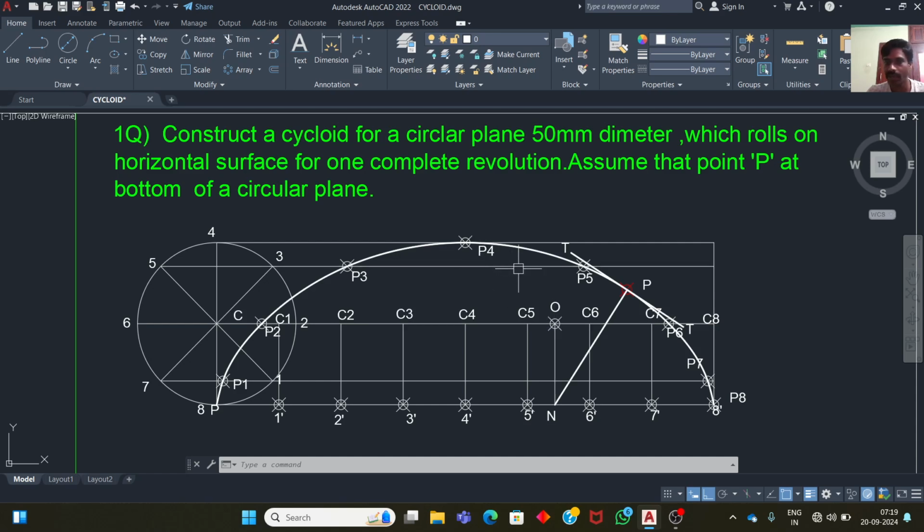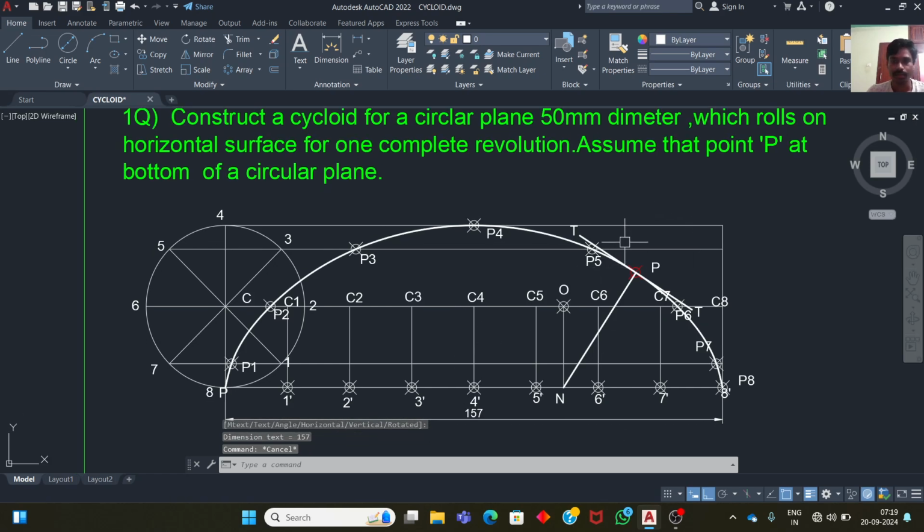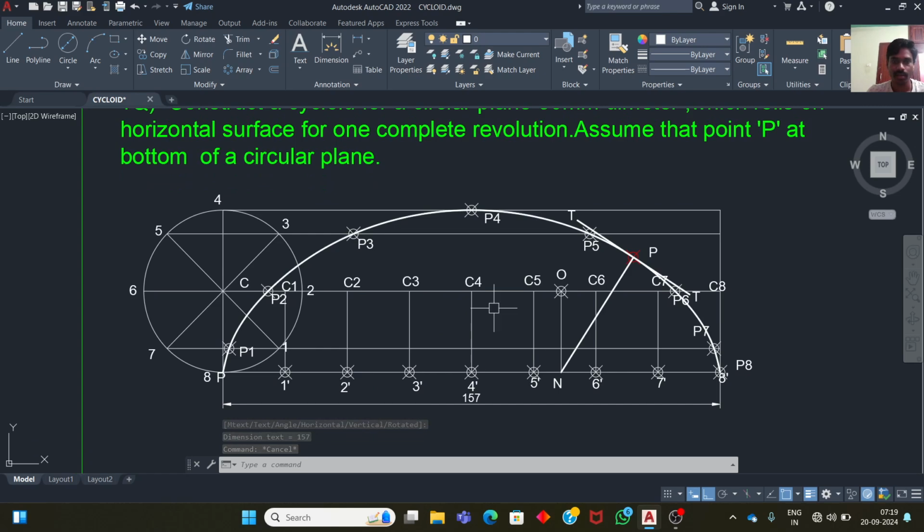Like that, we get points 4, 5, 6, 7, 8. Okay, so this is the procedure of the cycloid. Okay, thank you.